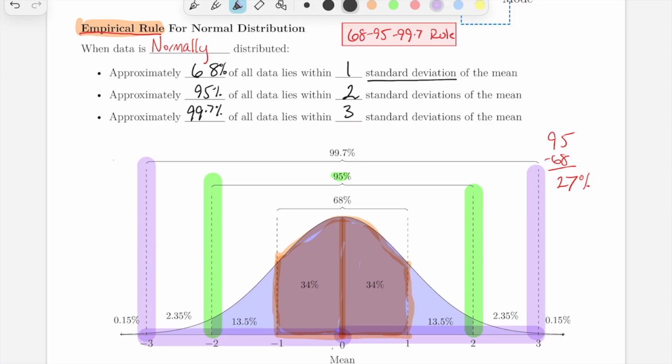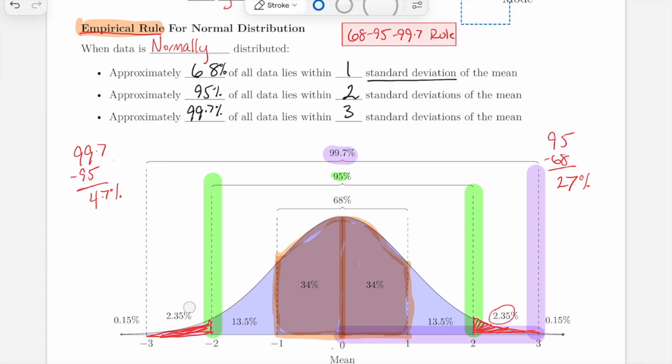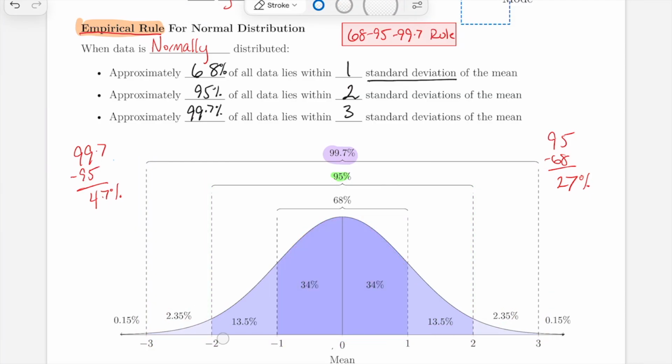So if we once again subtract those, 99.7 minus 95 leaves us with 4.7% that's going to be shared between this section on the left and this section on the right. 4.7% of the data is split between those two, so you cut 4.7 in half, and that's where you get 2.35%. Now these are approximations, but they're reasonably accurate.